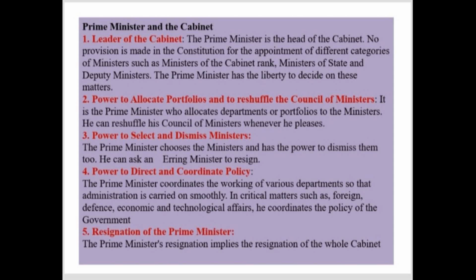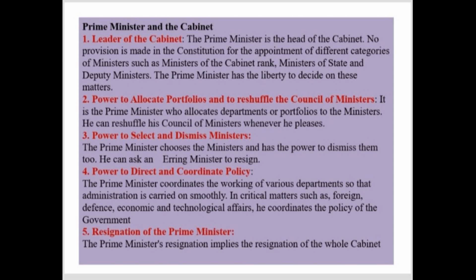Also, in critical matters such as foreign affairs, defense matters and technological matters of the country, the prime minister will coordinate the policies of the government. In bringing consensus among the ministries, or an effective policy in very important matters such as foreign policy or technological matters, the prime minister will play a very significant role.